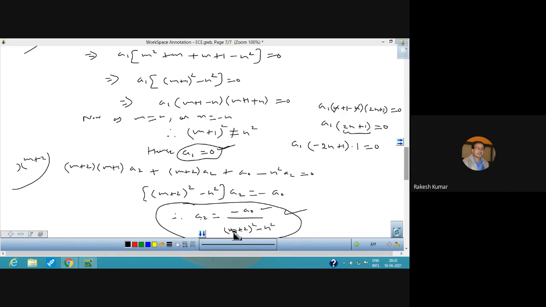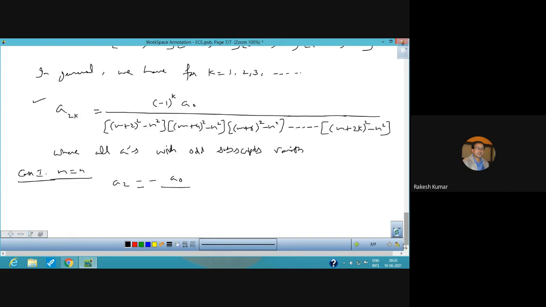Above, we are discussing the case of m is equal to n here. So you will use the value here, m is equal to n. So let us do that. For m is equal to n, you will have (n+2) whole square minus n square. And ultimately you will have negative a naught, and it is divided by 2 times.